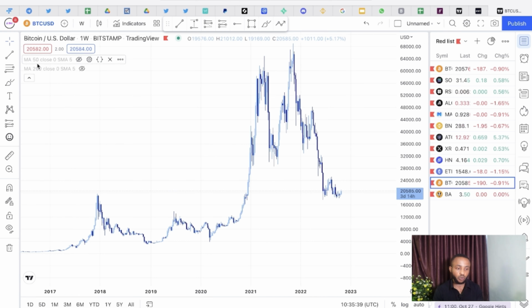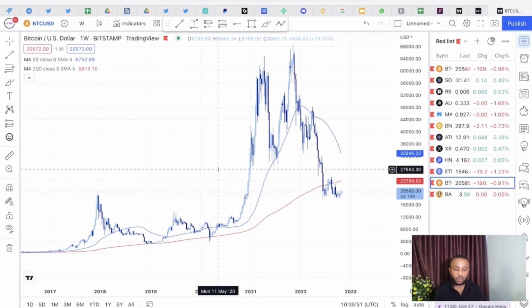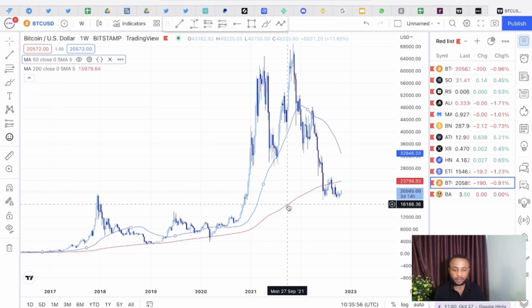While doing that, we'll be using two indicators. These are just indicators that will tell us where Bitcoin's next possible movement is headed towards. As you can see, we have the blue and the red indicator.